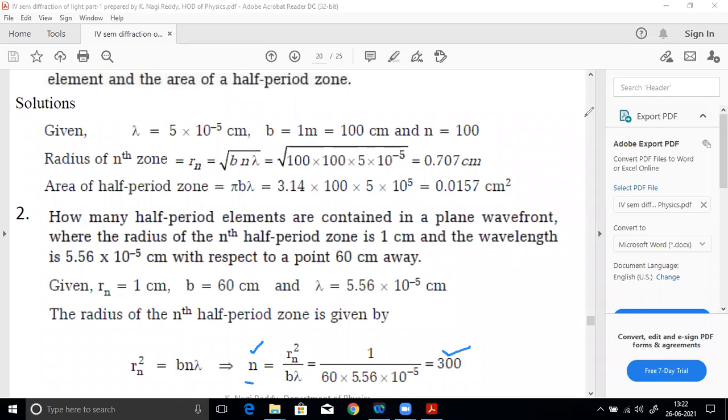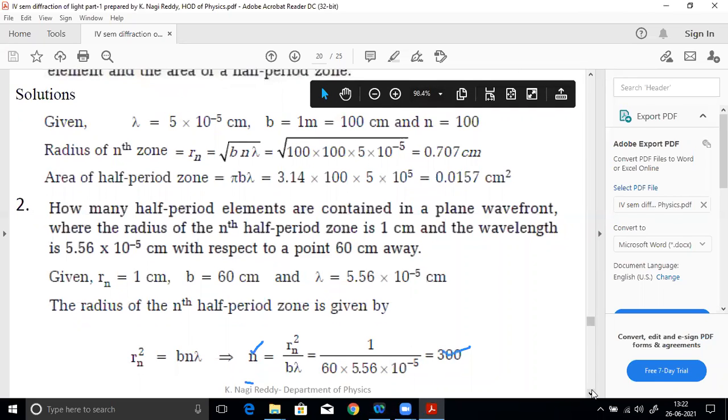Then we come to the next problem, the third one.